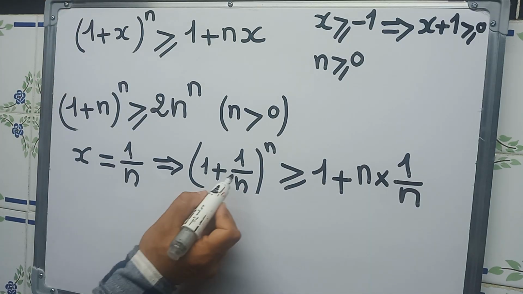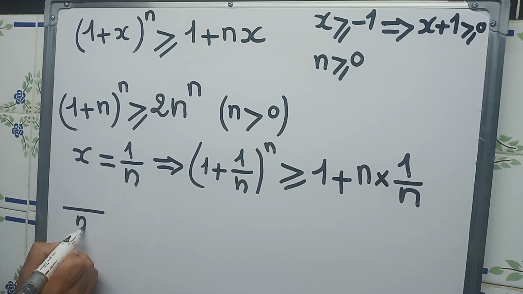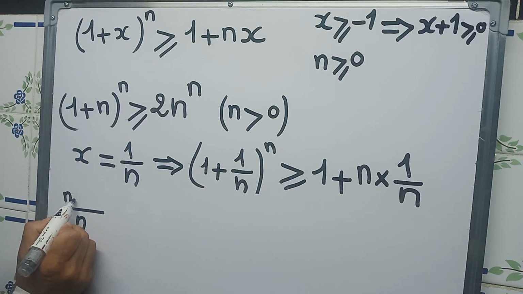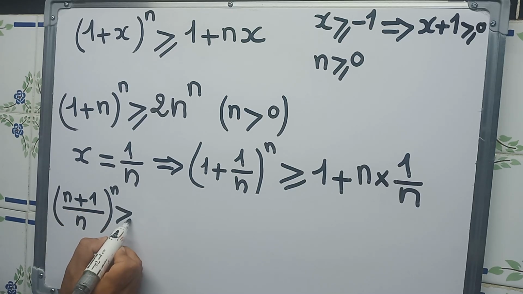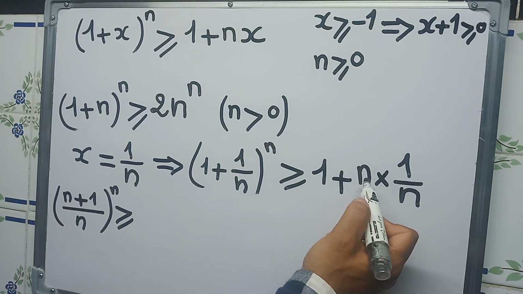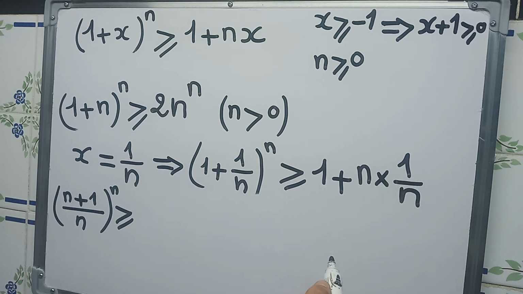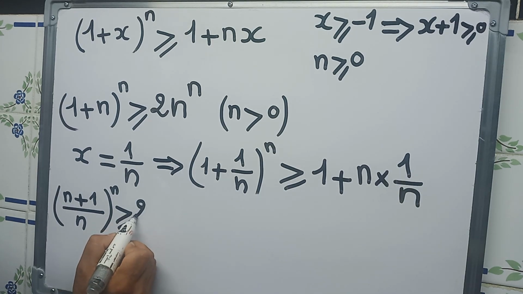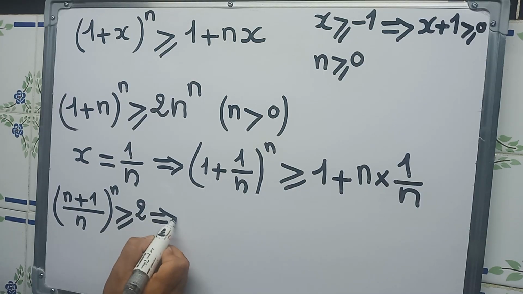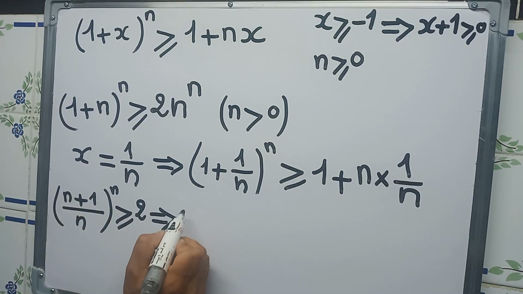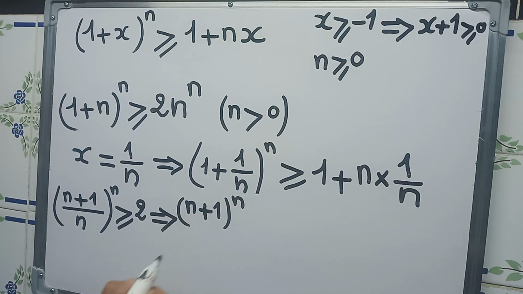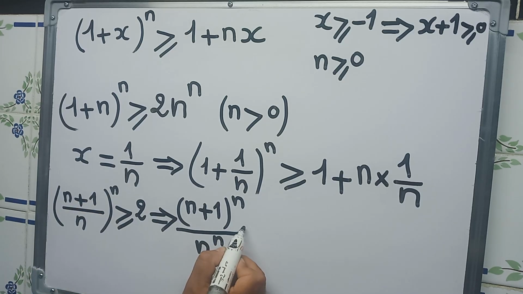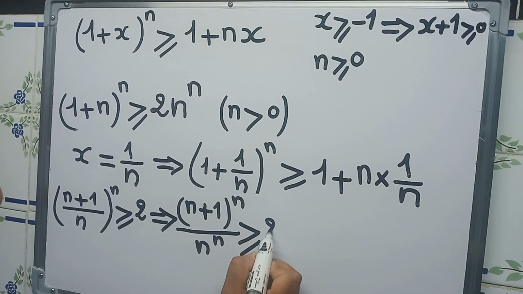Now here we have the same denominator n, so we'll have ((n + 1)/n)^n is greater than or equal to, and here 1 plus n times 1 over n, which is 1, and 1 + 1 is 2, meaning that distributing the power here, we will have (n + 1)^n over n^n is greater than or equal to 2.